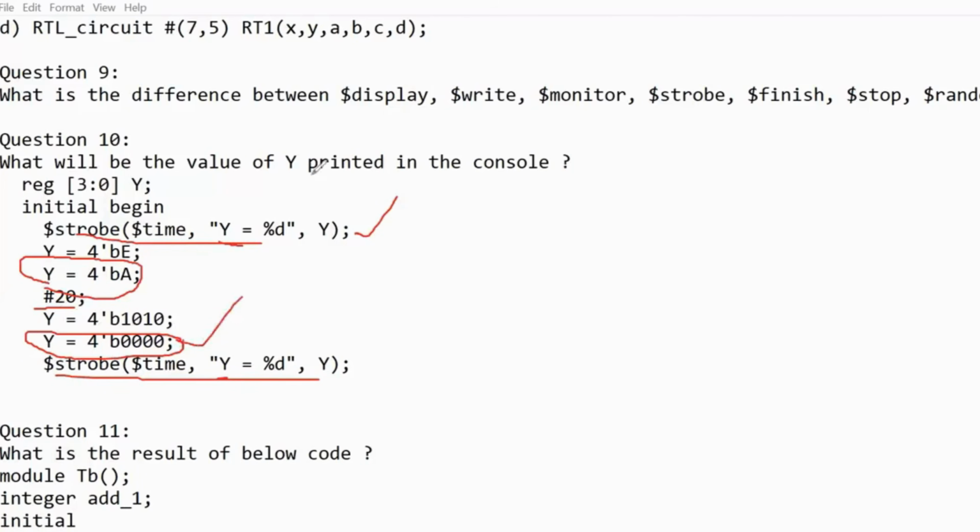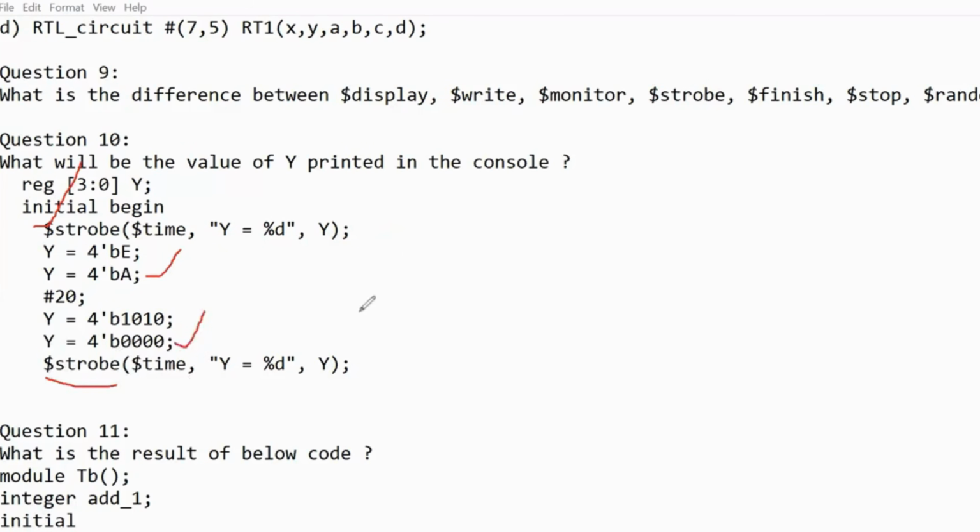So for the first $strobe, it is at the 0 simulation time, and the last statement in that time is y equal to A. For the next $strobe, after 20 time units, in that current simulation time the last statement is y equal to 0. So here A will be printed, here 0 will be printed.